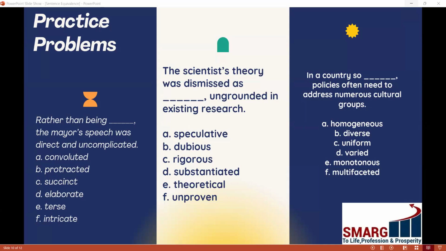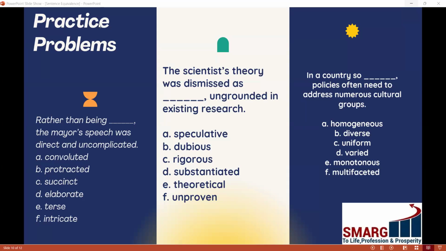Correct. Multifaceted talks about someone who has, let's say, multiple talents or multiple sides to them. They might be very adept at a lot of things. But that is very different from the diverse group sets that we are talking about. So we are talking about a heterogeneous mix. So for that, diverse and varied.